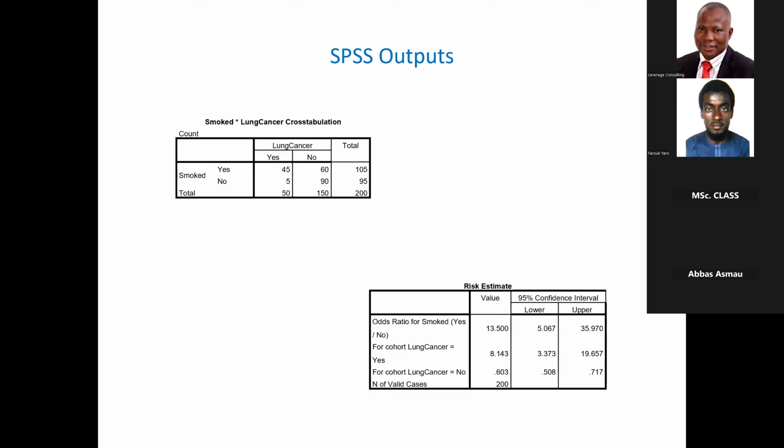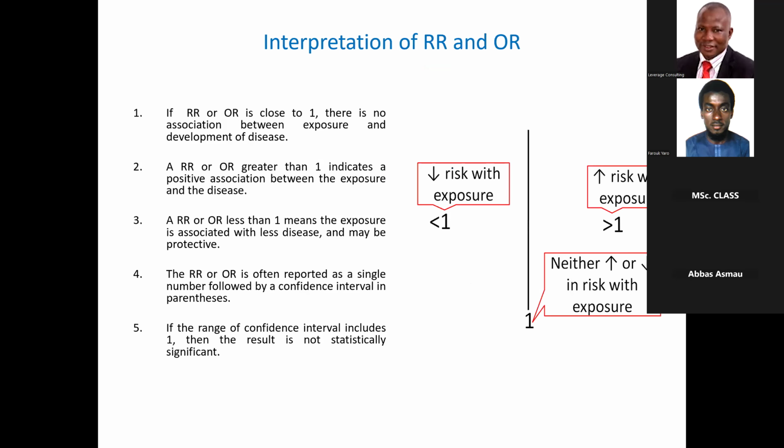So look at what you just shared. Now let's move further to explain some things. In the interpretation, as I've said, if the relative risk or odds ratio is close to 1, it means there's no association between exposure and development of disease. A relative risk or odds ratio greater than 1 indicates a positive association between the exposure and the disease.